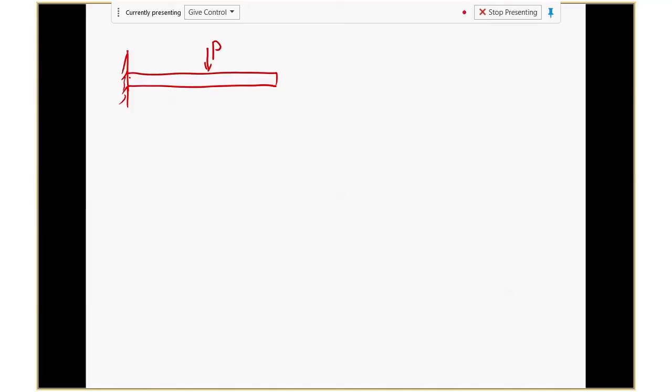In this case, you have an R, let's say RA, and another moment MR here. So you have two unknowns, two restrictions or reactions. How many equations do you have? Sigma Fy equals 0. That's one equation, and from here you get RA equals P. What's the second equation? Moment about point A equals 0, or about point B equals 0. From there, you can find the reaction moment MR.